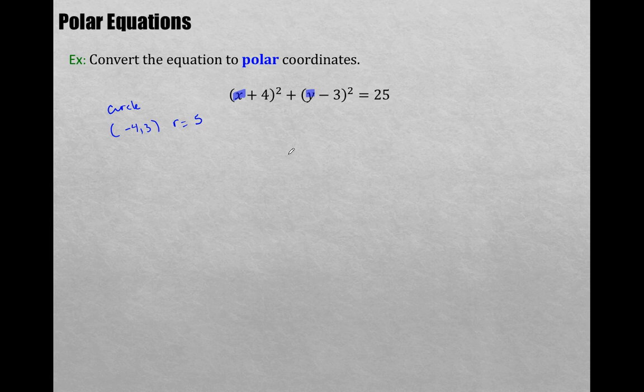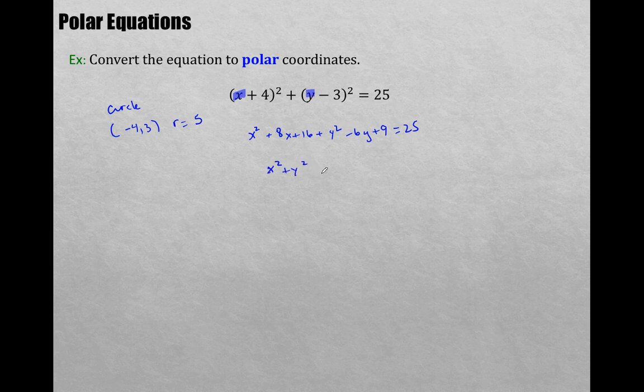But to get it into polar coordinates, I need to have some x stuff. So I've got to quickly expand, I took Algebra 1 and I paid attention. So I have x squared plus y squared.